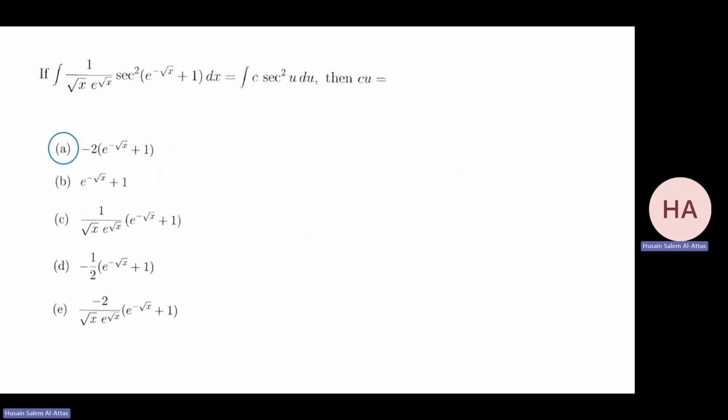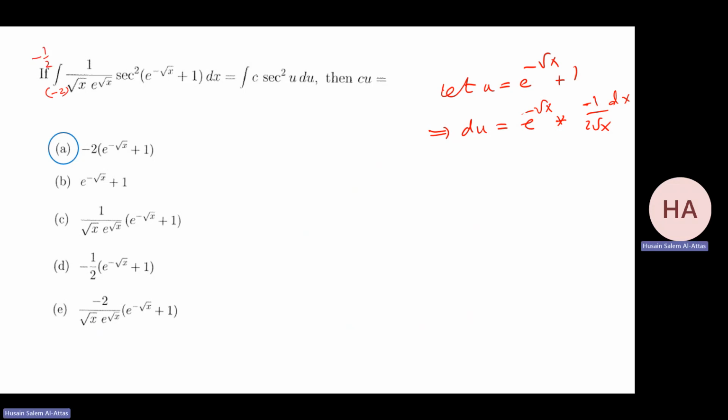You want this? So very clearly, I will take u equal e to the minus square root of x, plus 1. What will be du? du will be e to the minus square root of x times 1 over 2 square root of x, a minus times a minus, dx, which is somehow this one, but minus 2 here.